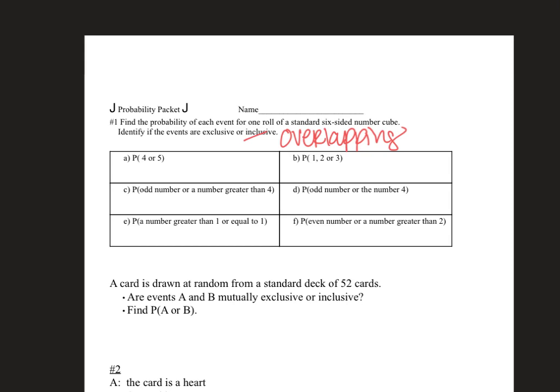Now, the first one says the probability of 4 or a 5. Remember, if you're determining between mutually exclusive and overlapping, these are your or statements. Make sure that you follow the formulas that I told you in the PowerPoint, in the video that we talked about on March 27th and March 25th.